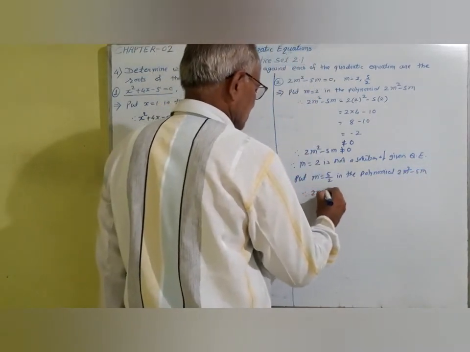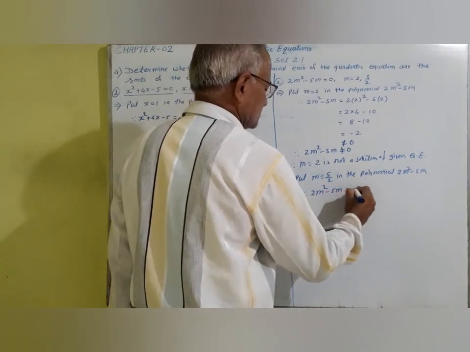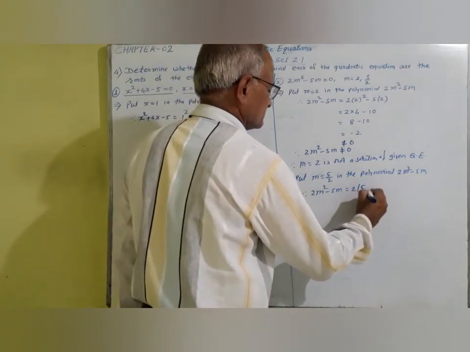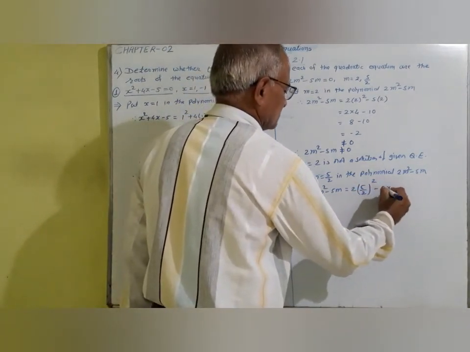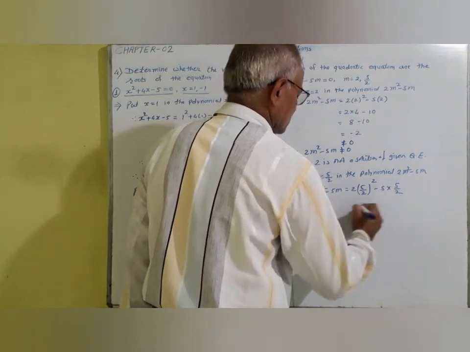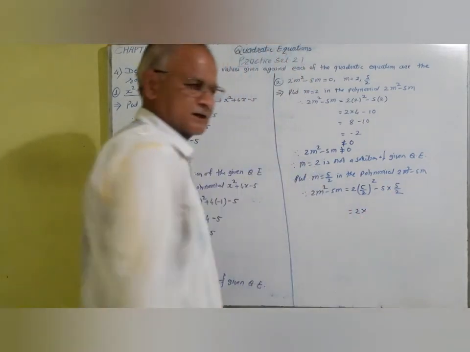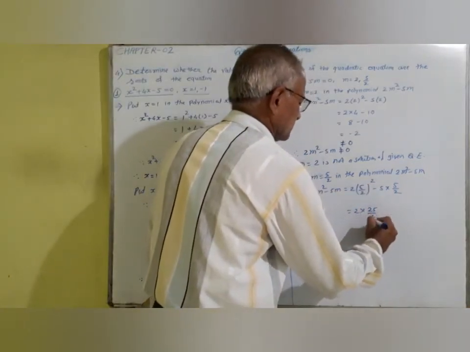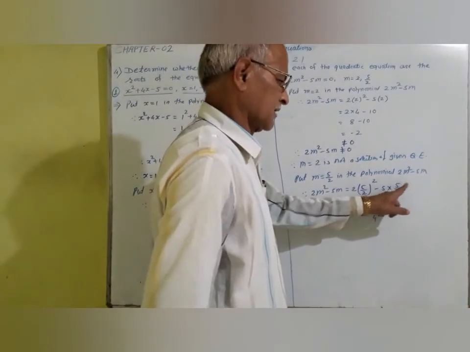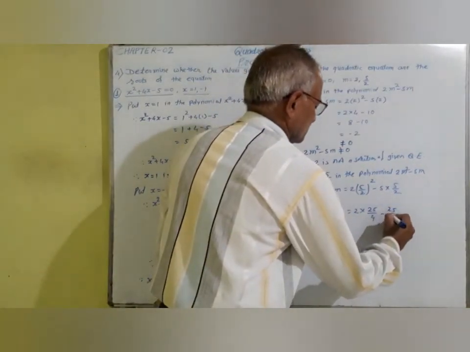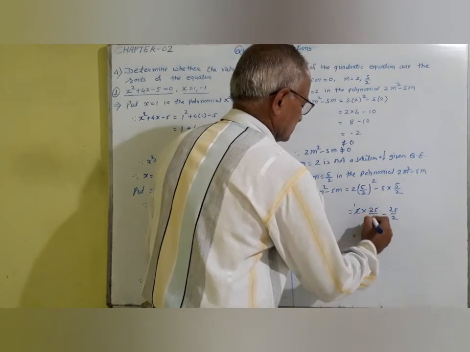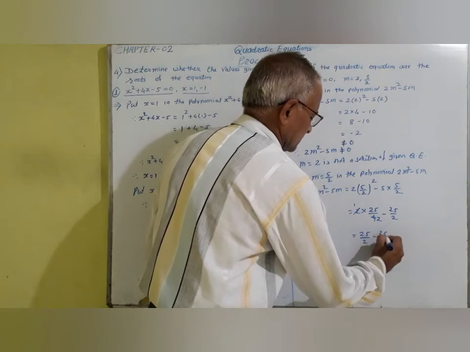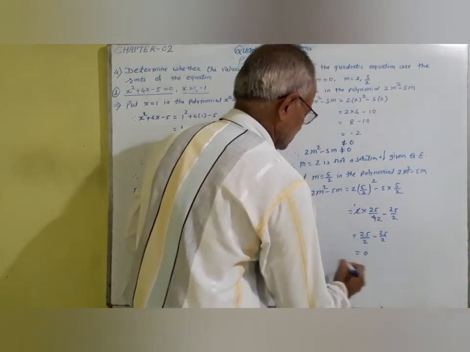Therefore, 2m square minus 5m is equal to 2 multiplied by 5 upon 2 whole square, which is 25 upon 4, minus 5 multiplied by 5 upon 2, which is 25 upon 2. Here 2 ones are 2, 2 2s are 4. That is 25 upon 2 minus 25 upon 2 is equal to 0.